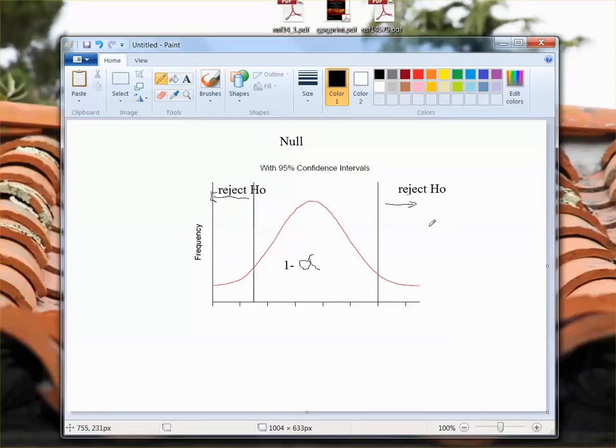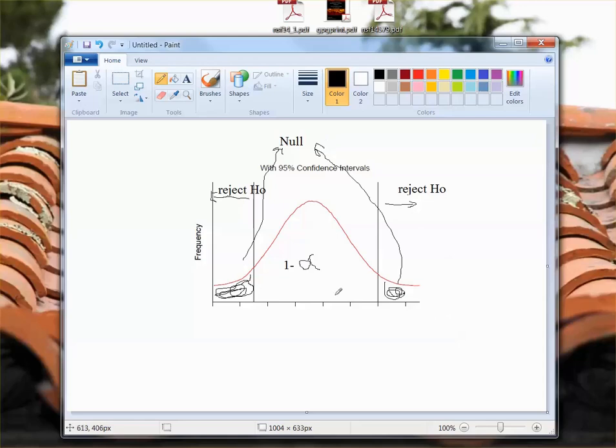Okay, so in many cases that's going to be a correct decision, but for this area under here, these sampling distribution means actually belong to the null hypothesis, or belong to the same population, right? There's a very small number of cases out here too that belong to that, right?